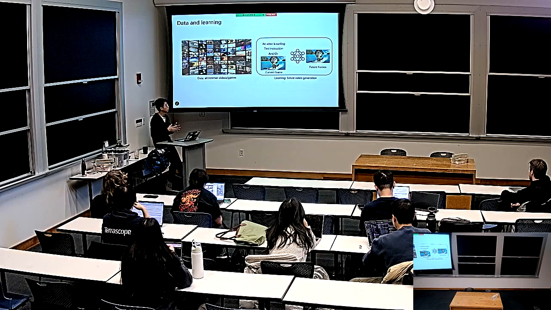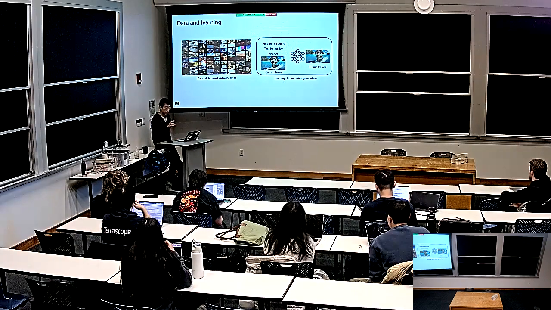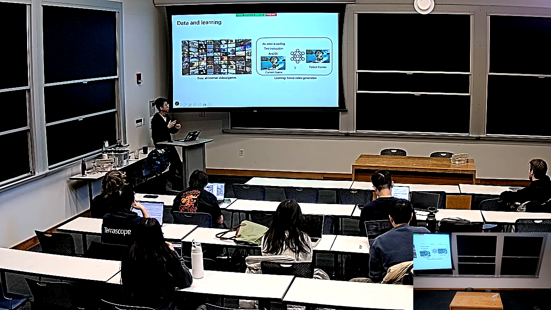In terms of learning, here's the formulation. A network takes a language instruction, for example, an author is surfing, and a current frame. Then the network is trained to predict some future frames. This is a very straightforward training method.